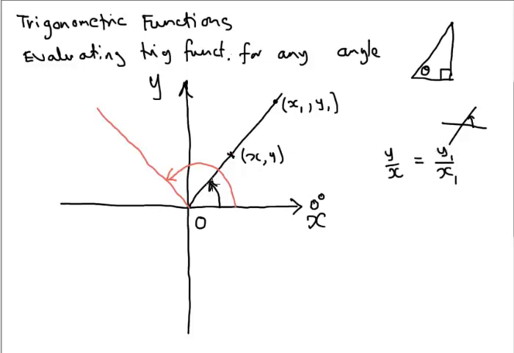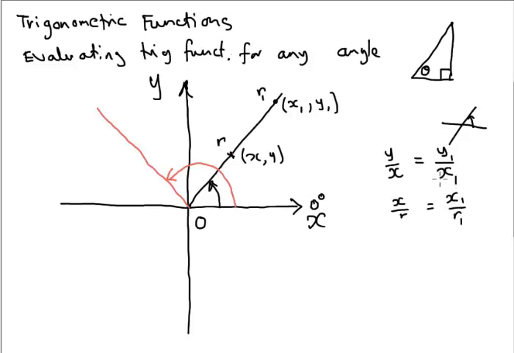The other interesting thing is that this point is at a certain distance from the origin, and this other point is also at a certain distance from it. Let's say this point is at distance r1 from the origin, and this one is at a distance r from the origin. So what is also interesting is that x over r is also going to be equal to x1 over r1. I can continue with that.